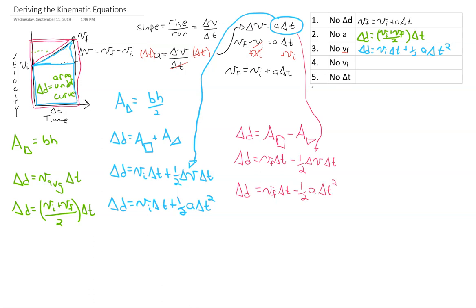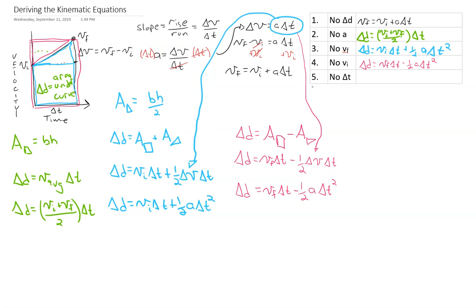This is my fourth kinematic equation. It has everything, but it has no VI. I'll put that one here. VF delta T minus 1/2 A delta T squared.